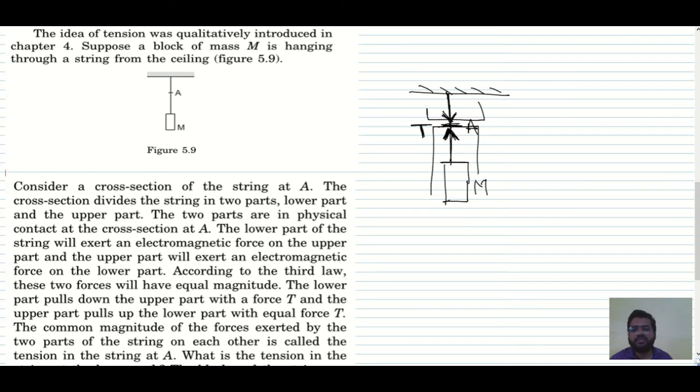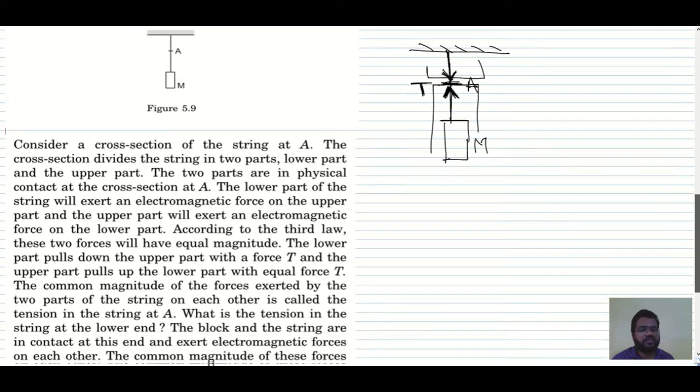According to the third law, these two forces will have equal magnitude. The lower part pulls down the upper part with a force T, and the upper part pulls up the lower part with equal force T, right? That is what is called tension.